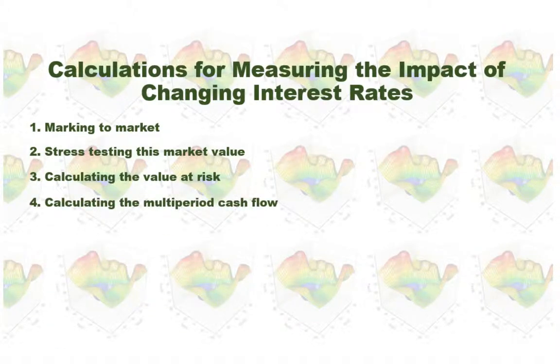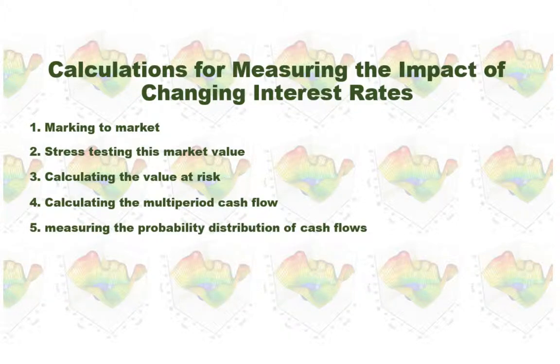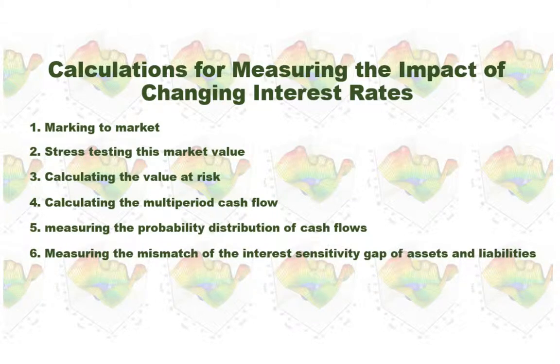4. Calculating the multi-period cash flow or financial accrual income and expenses for n periods forward in a deterministic set of future yield curves. 5. Doing step 4 with random yield curve movements and measuring the probability distribution of cash flows and financial accrual income over time. 6.